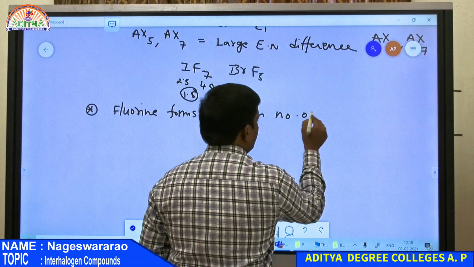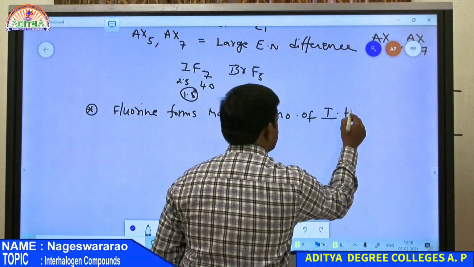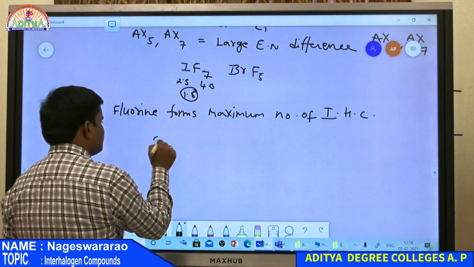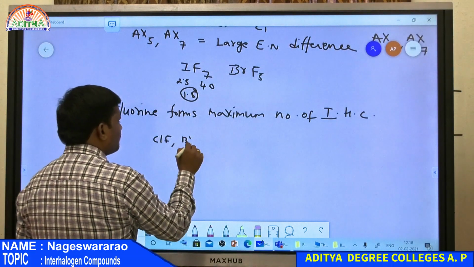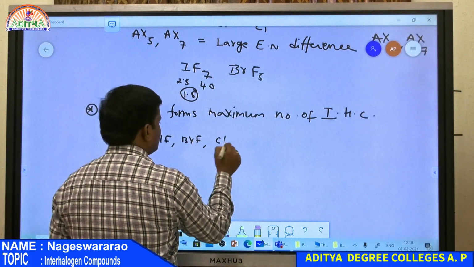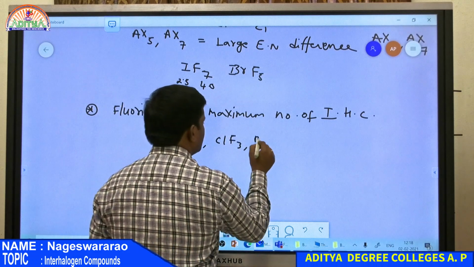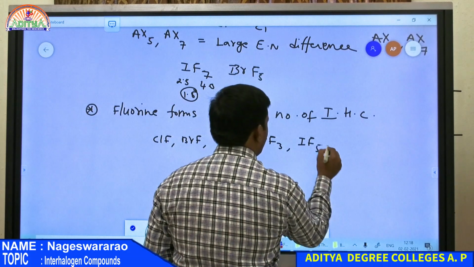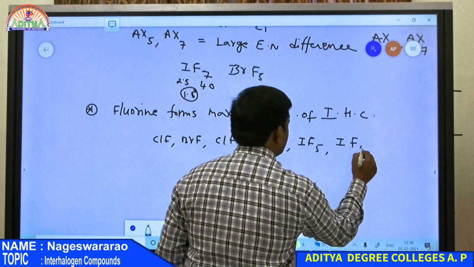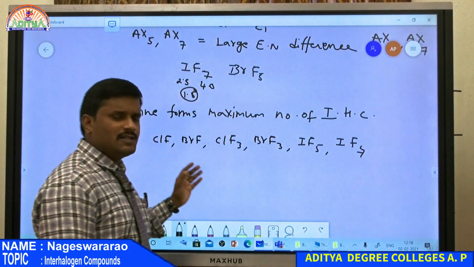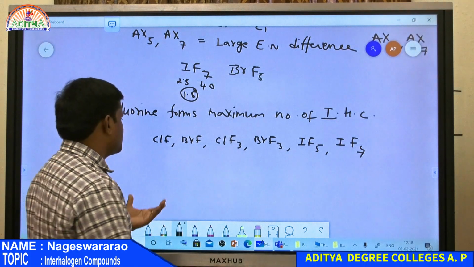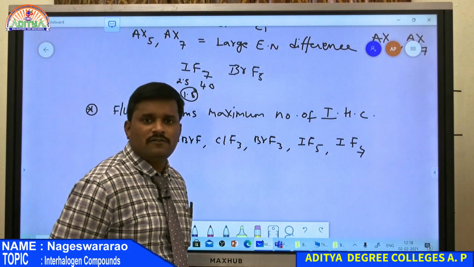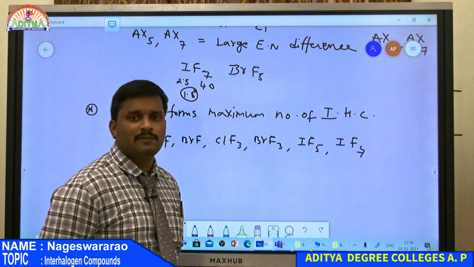Look at the examples: ClF, BrF, ClF3, BrF3, IF5, IF7. In all these interhalogen compounds there is a fluorine atom. Therefore, fluorine forms a maximum number of interhalogen compounds than remaining halogens.